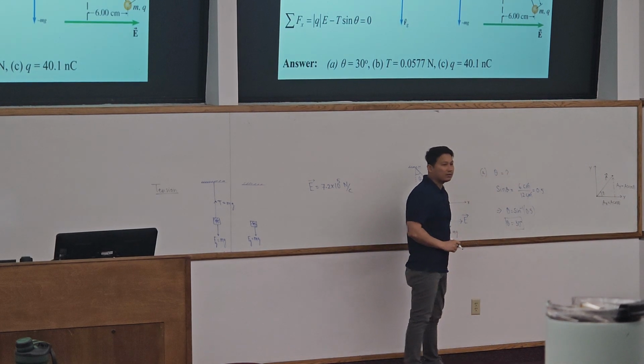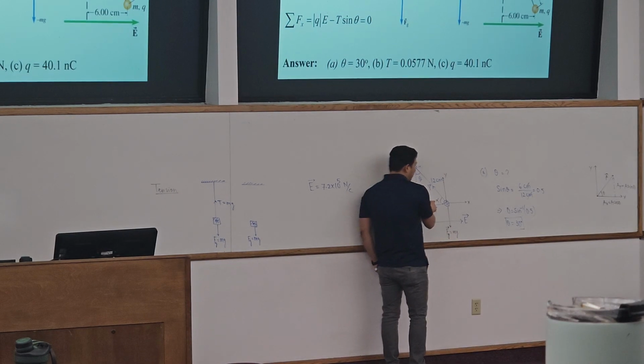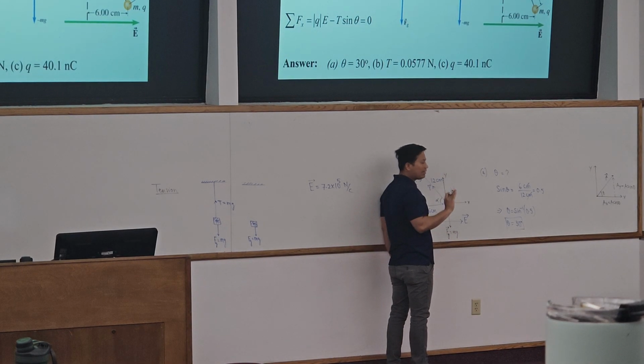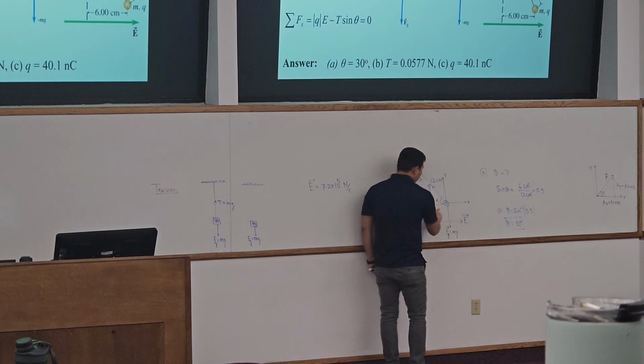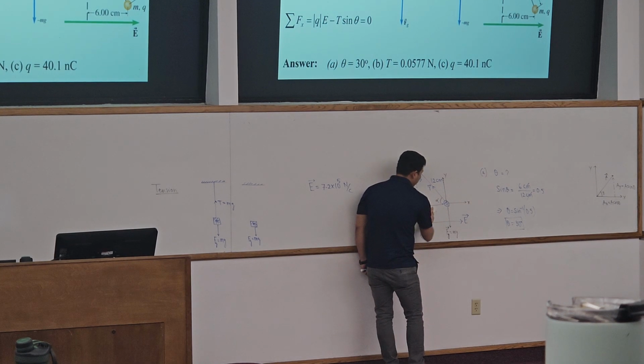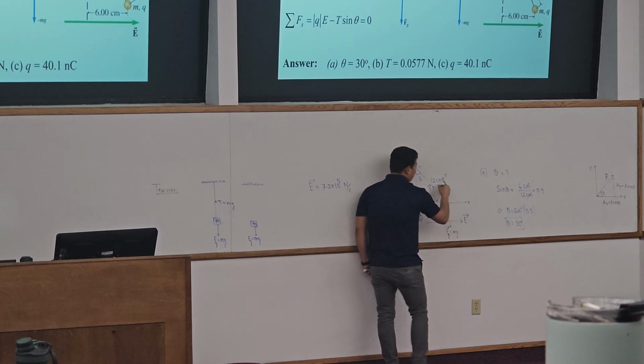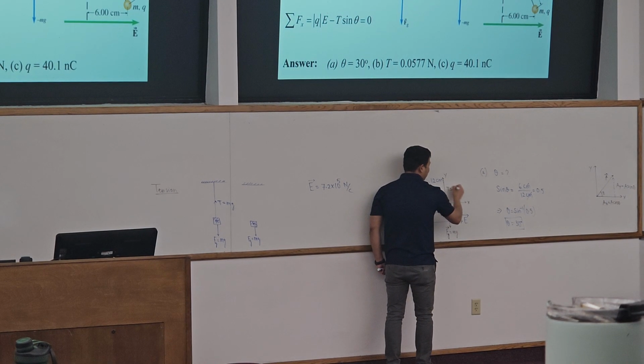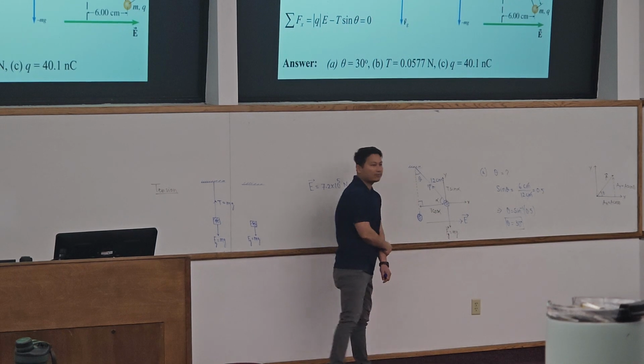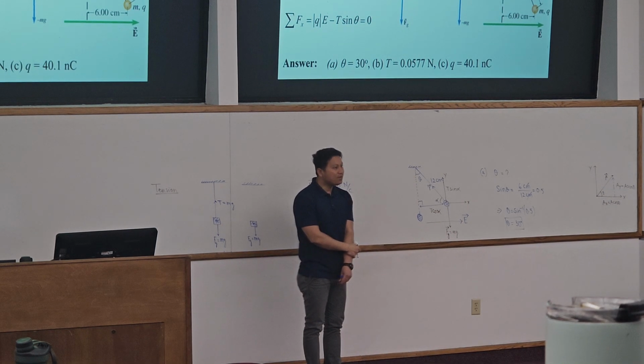This is what it is. Now, if you have an angle, all this negative x direction doesn't matter. This component will be T cosine alpha, in the y direction.